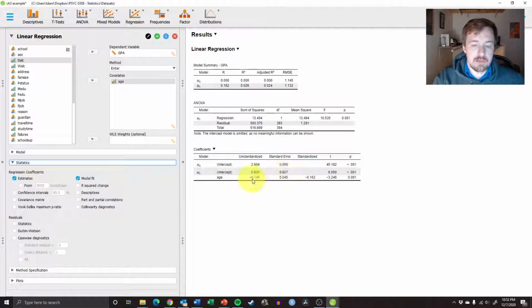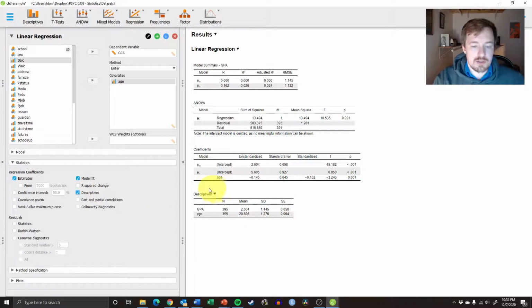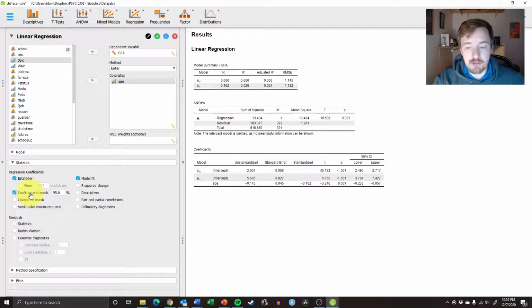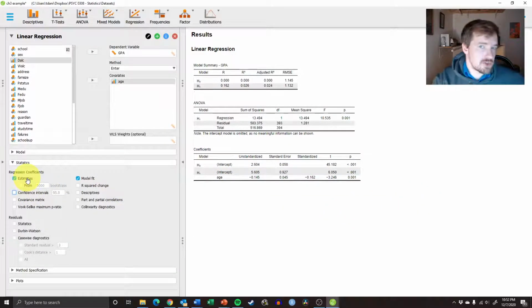So you can see how much variability, how much wiggle room you have there. You can see descriptives, so looking at the mean GPA and the mean age for this data set. You can find confidence intervals, which can be helpful if you're looking for variability in these, which typically you don't do too much at an undergraduate level.